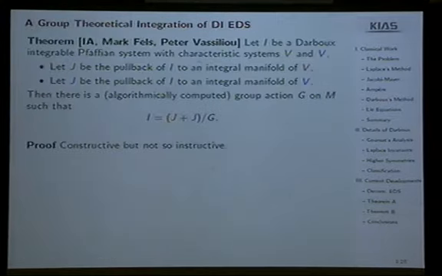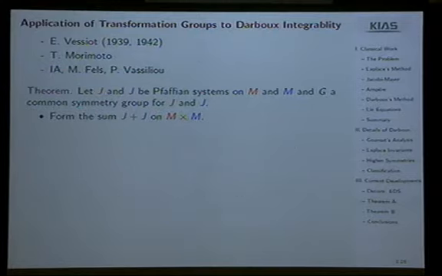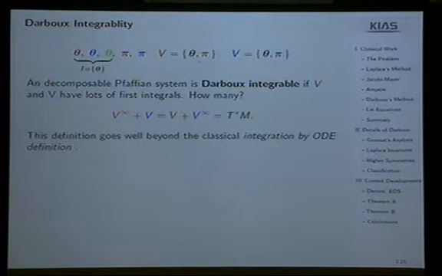It drops to the quotient, and it will always define for you a Darboux integrable system. Okay? And now, the big miracle. All Darboux systems come from this form. They're always quotients of something. And I can tell you what the group is, and I can tell you what they're quotients of. Coming back to this definition of Darboux integrable systems, I want you to think of taking the dual picture.